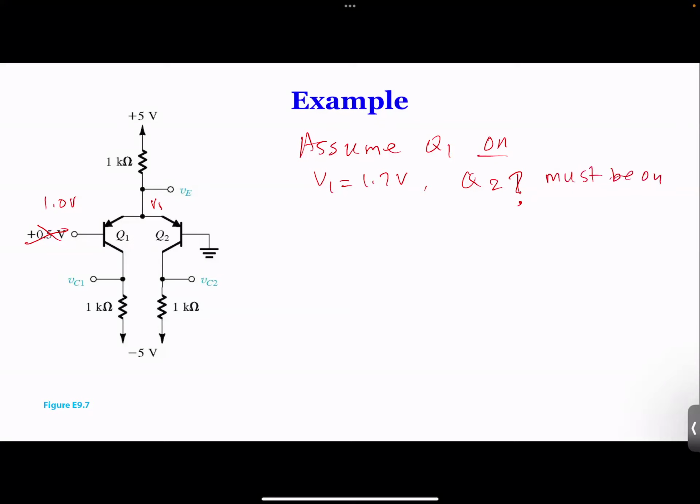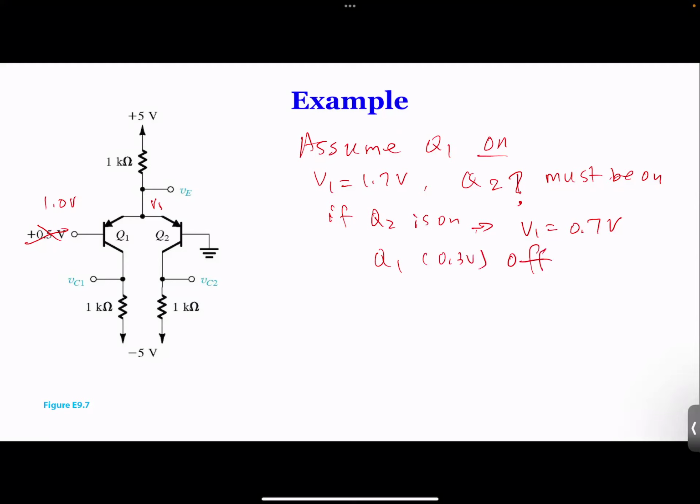So if Q2 is on, we have a problem. If Q2 is on, how much is V1? 0.7. If we want 0.7, how about Q1? So Q1 from base to emitter, you only have 0.3 volts. So that has to be off.